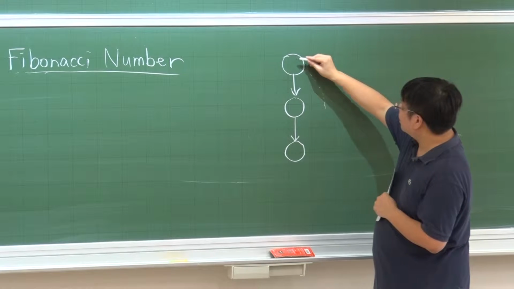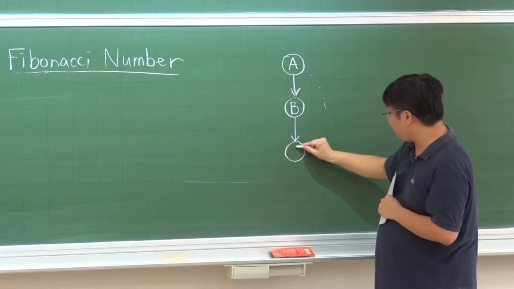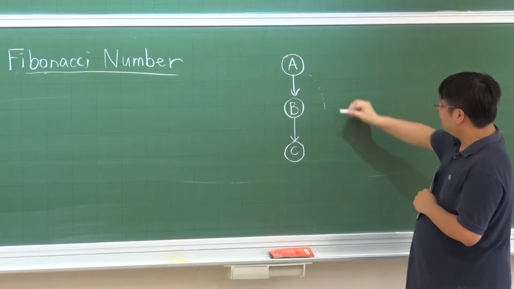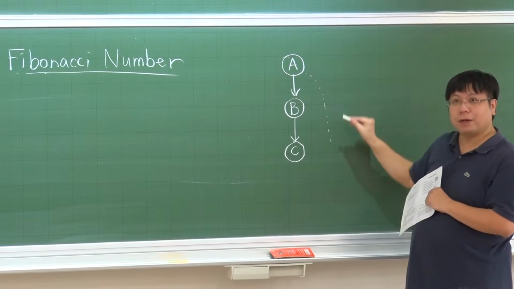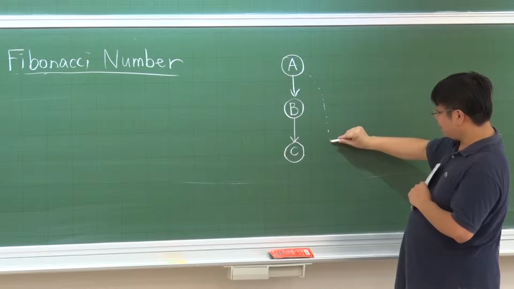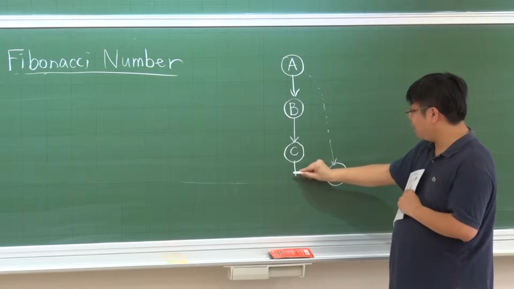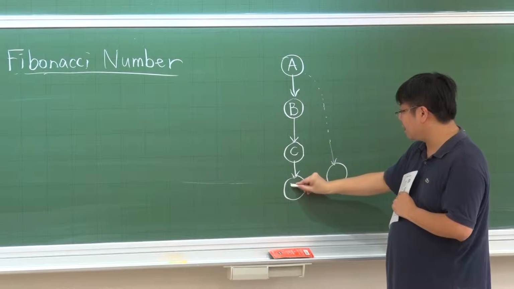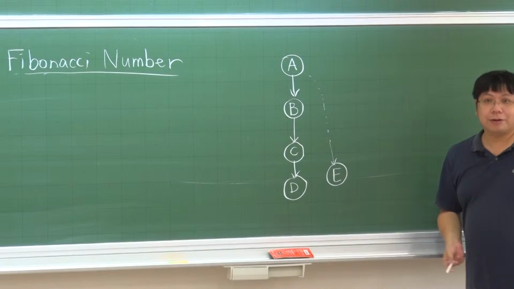So this is pair A, this is pair B, this is pair C. A will take a rest in the second month and will not give rise to a new pair. But in the next month, C will give rise to a new pair, let's call it D, and A will give rise to a new pair, let's call it E. Is that okay?